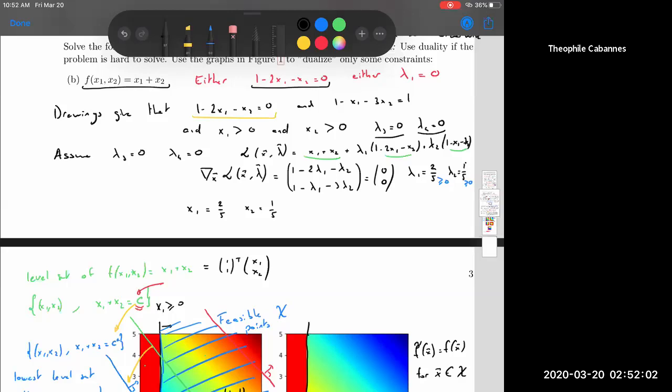And so you have this set of points that satisfies the KKT conditions.